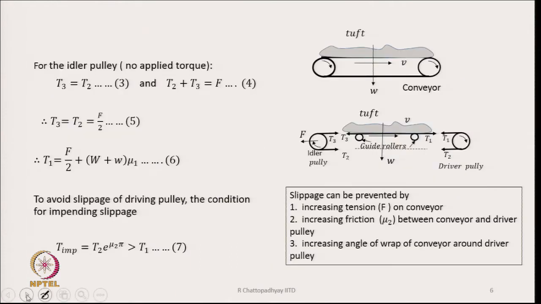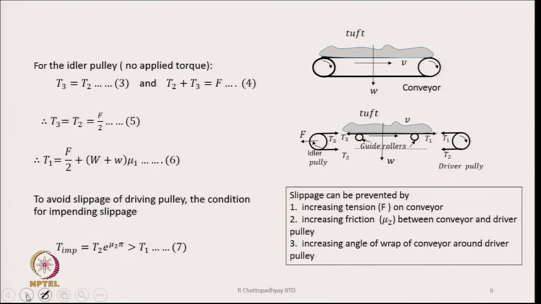From there, let us now focus on the tension T2 and T3. So, T2 and T3 is supporting the force F and the angle of drag being 180 degree. Therefore, what will happen?